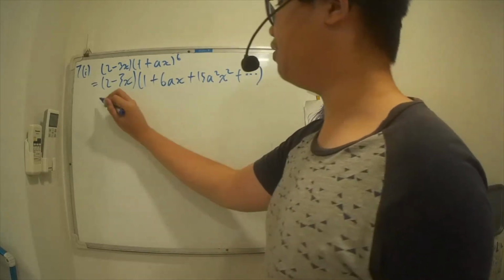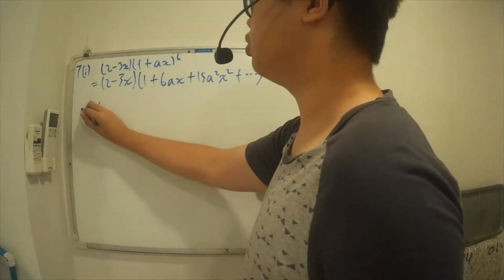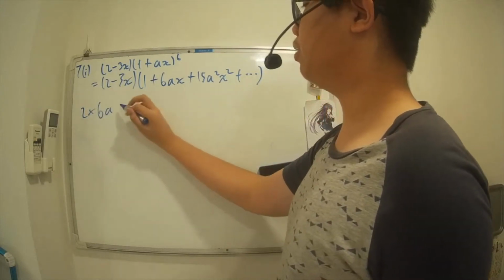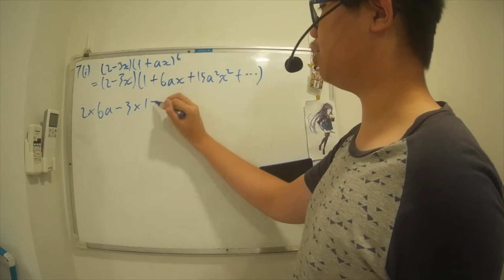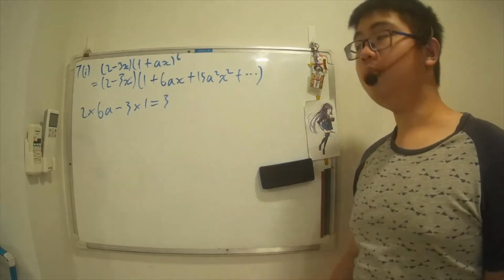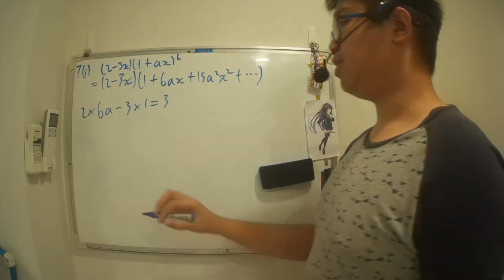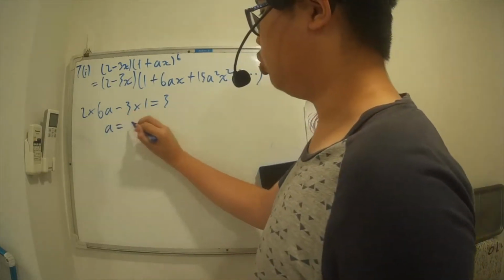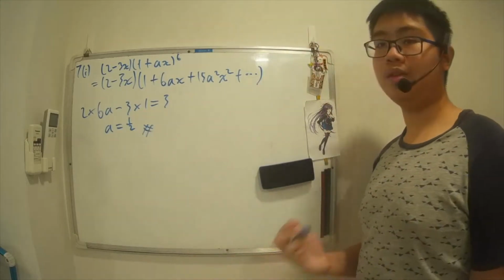So we'll have 6a, or maybe I'll write 2 first. So 2 times 6a minus 3 times 1 is equal to 3, right? Okay, so this is negative 3, so 2 times 6a is equal to 6. Okay, 6a is equal to 3, a is equal to half. Alright, that's easy, right?